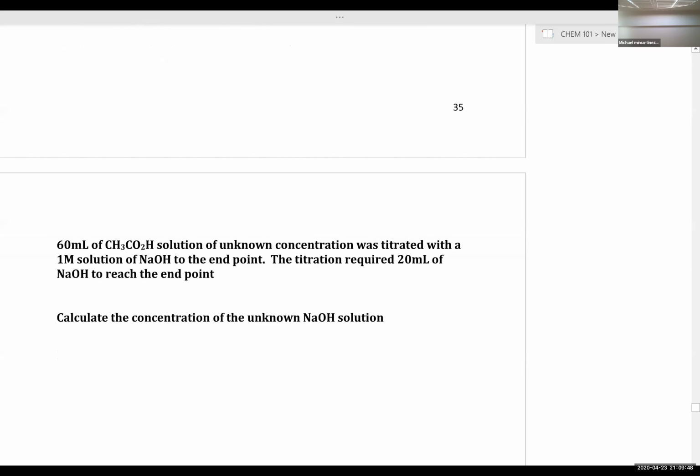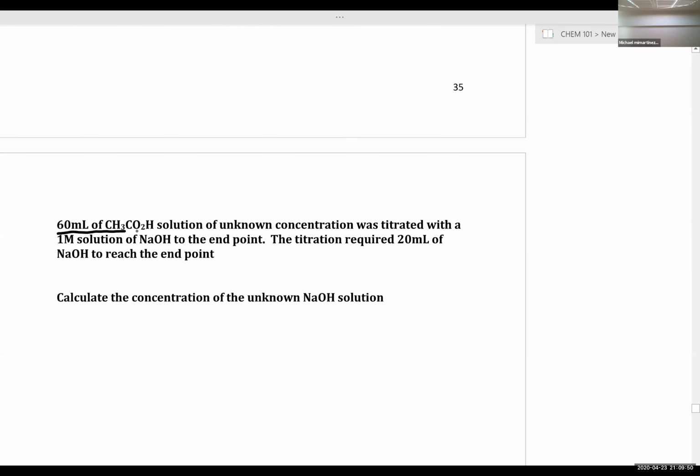So let's showcase that. Let's suppose we have 60 milliliters of acetic acid of unknown concentration, and we titrate it with a 1 molar solution of sodium hydroxide. The titration required 20 mLs of sodium hydroxide to reach the end point, and we're asked to calculate the concentration of the unknown acid solution.